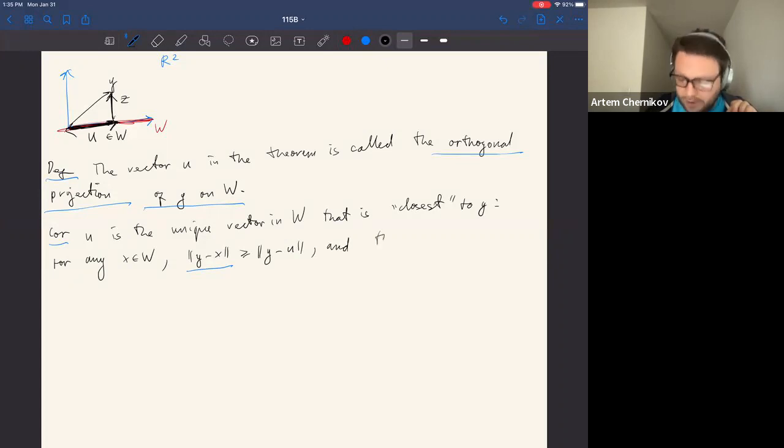And moreover, this is an equality if and only if x is equal to u. So the orthogonal projection of a vector onto a subspace is the unique vector in that subspace that is as close to y as possible among all vectors in the subspace.